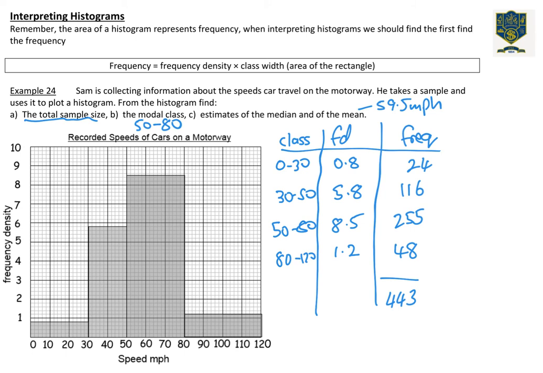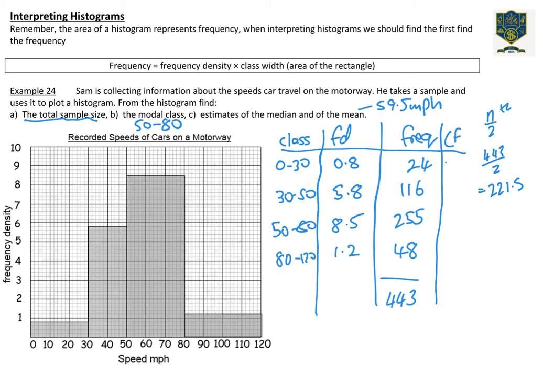Now the median is the n over 2 value. So if we do 443 divided by 2, we get 221.5. So it's the 221.5th term. To find out where that is, we could do a cumulative frequency column.